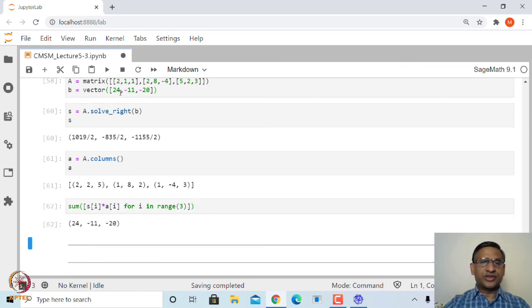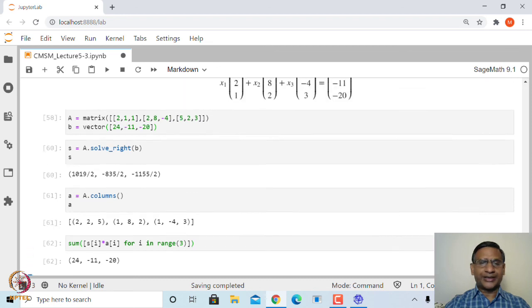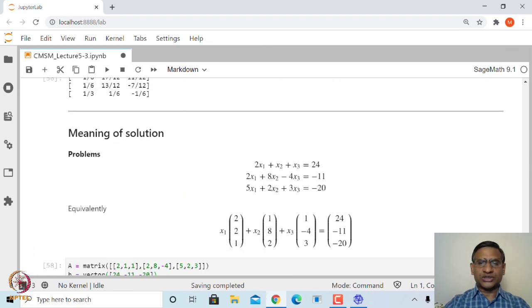This is the B, 24, minus 11, minus 21. So, that is a very convenient way of visualizing the solution, and many things, especially the concepts in vector spaces, will be very convenient to look at in this form.